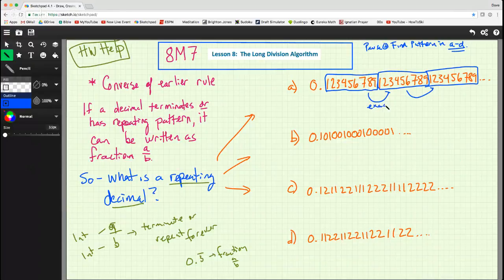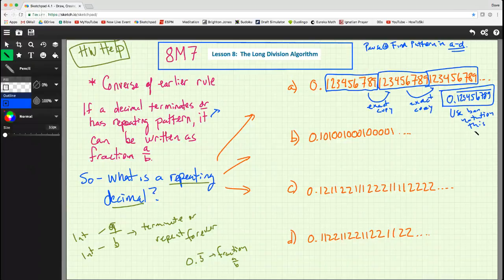So this can be written as 0.123456789 with a bar over it. So because I can write it that way with a bar, I can use bar notation.